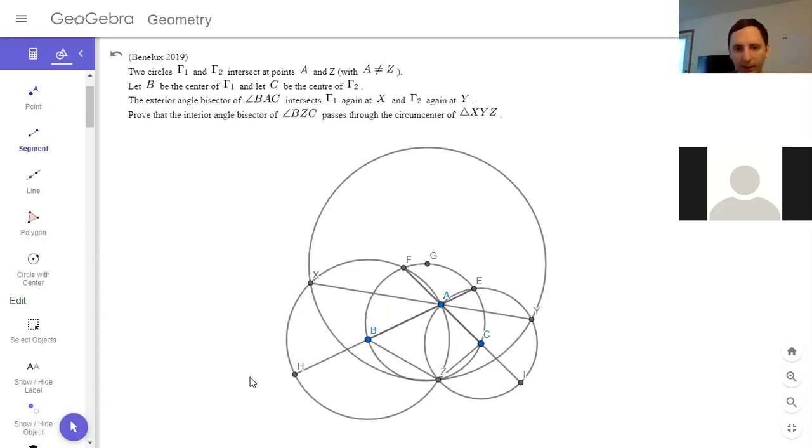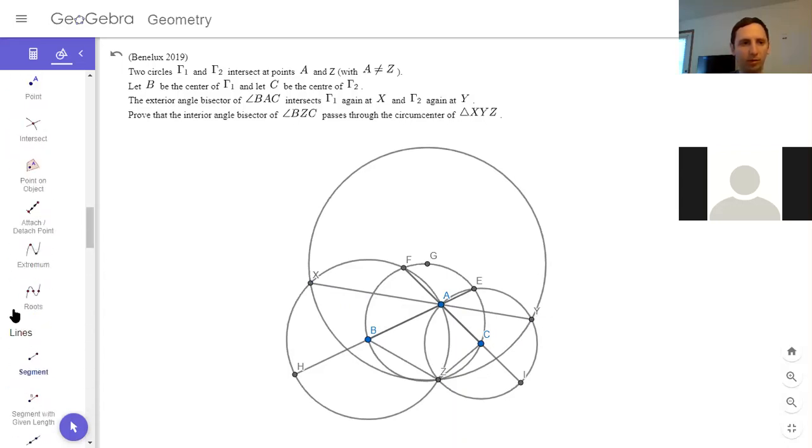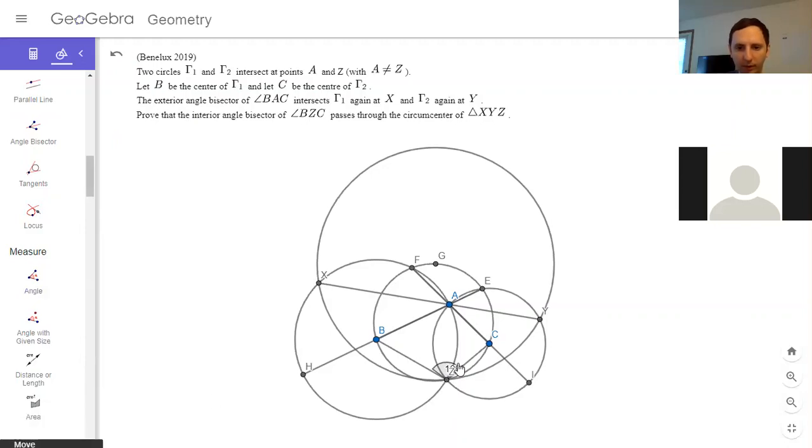Oh, I think I might have it. Is angle XZY equal to angle BZC? I think so. Let me check. So angle XZY, 129, or is that what, did it say 129?